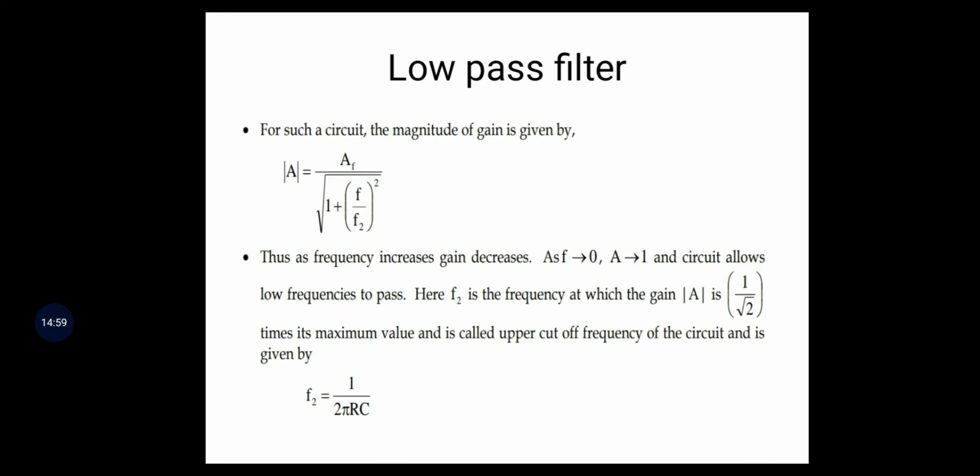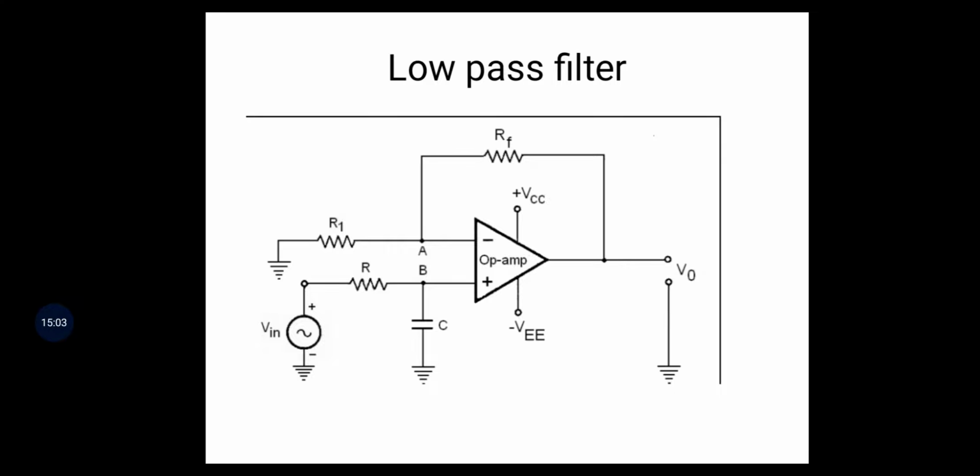A low pass filter allows only low frequency signals up to a certain breakpoint FH to pass through while suppressing high frequency components.